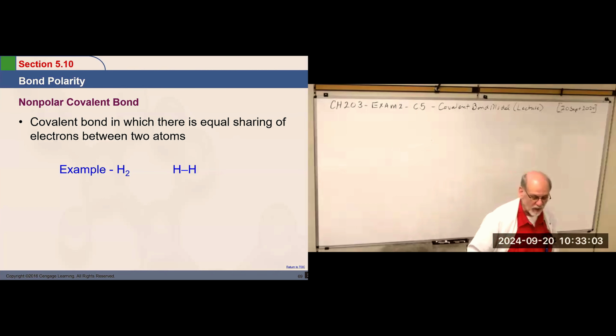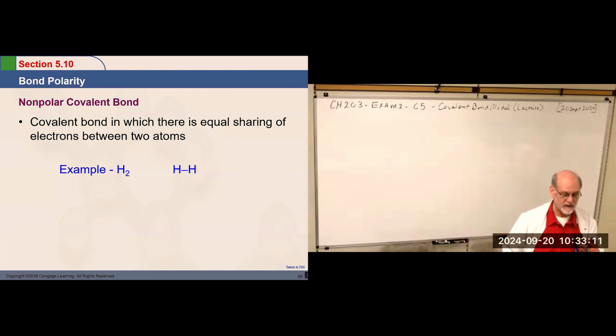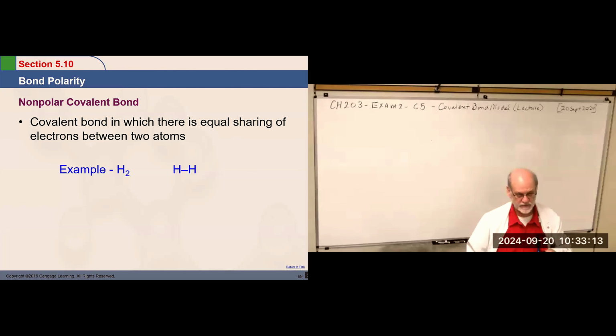So to be absolutely non-polar and still covalent, a bond would be between two atoms. It wouldn't be a compound necessarily, but you can guarantee a non-polar bond between two of the same elements, like hydrogen, nitrogen, oxygen, any of the diatomics up there.